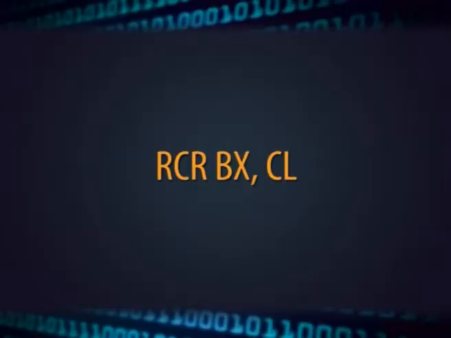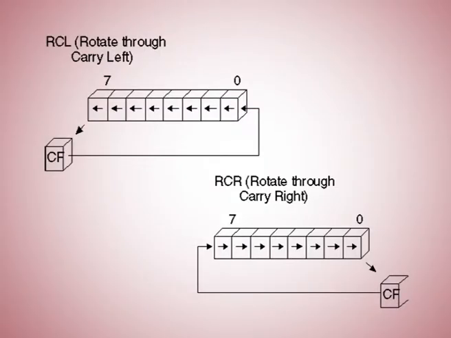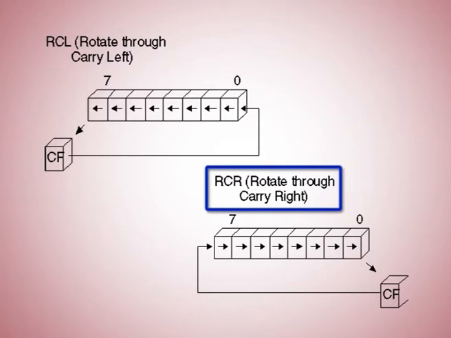You can write RCR BX, CL. That means if CL contains a value 3, the rotate operation is performed 3 times. The instruction rotate right with carry performs the rotate right operation a number of times as specified in the register CL, as explained in the example.